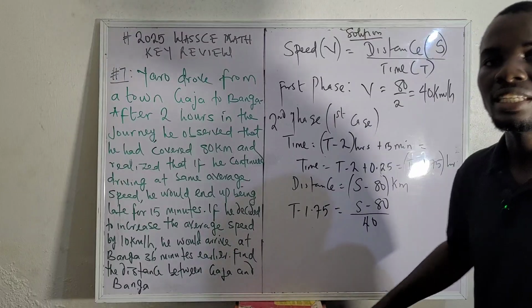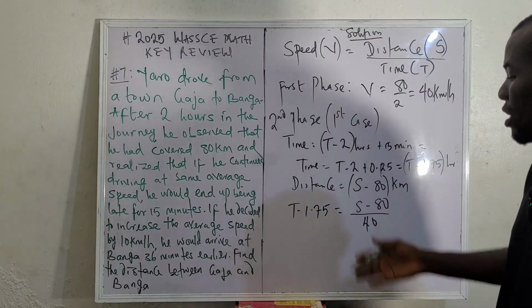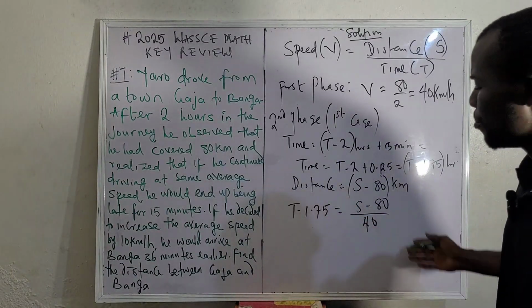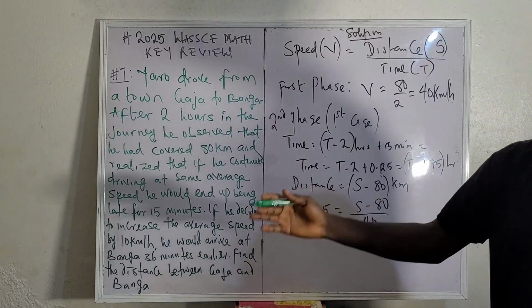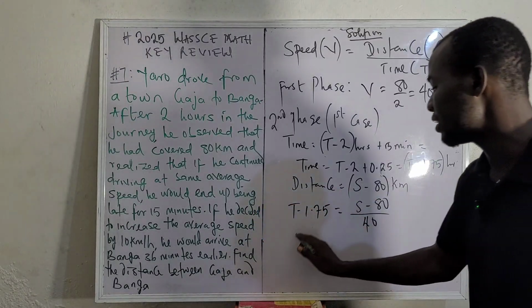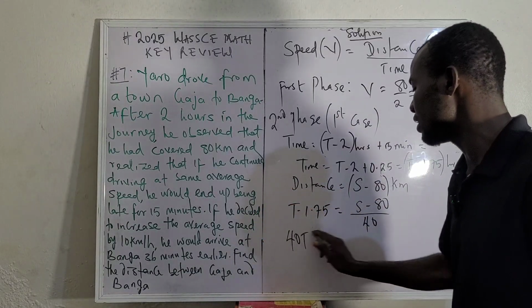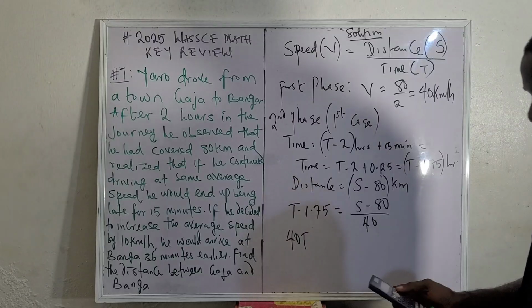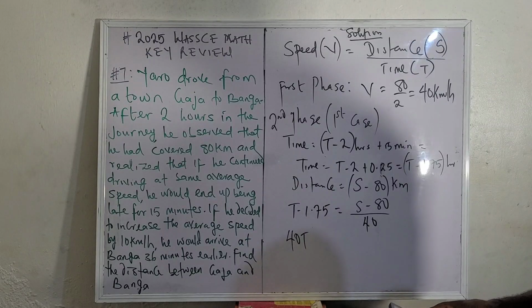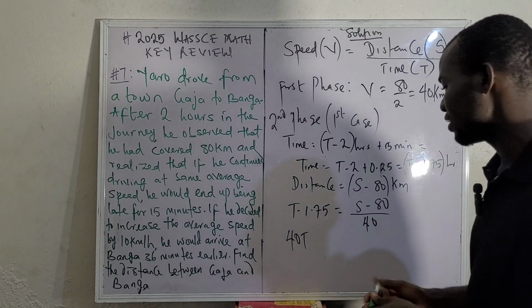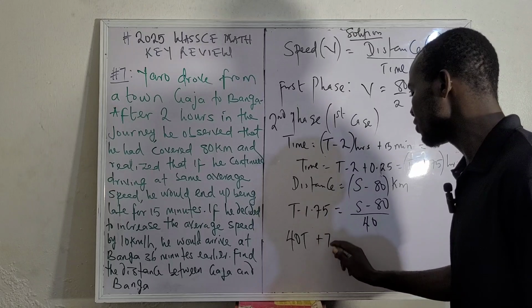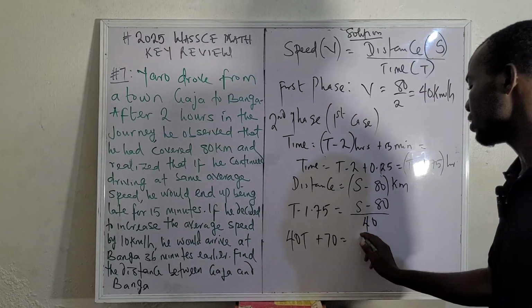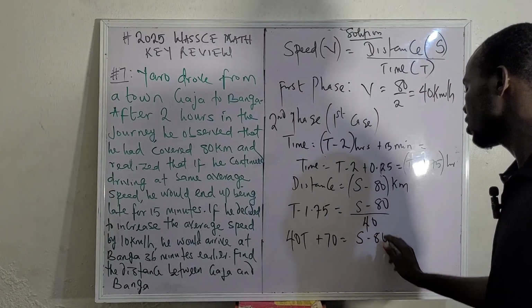It's already a simple equation, but I want to make it simpler by multiplying through with 40. This is going to be 40T, and so 1.75 times 40 is 70. This is minus 70, and this will be S minus 80.